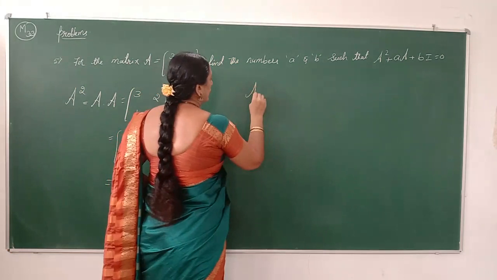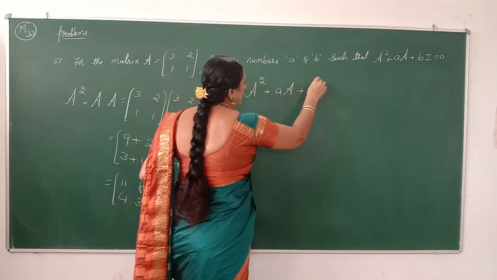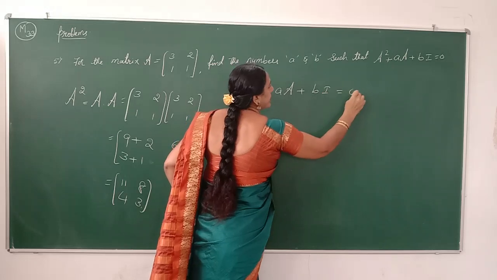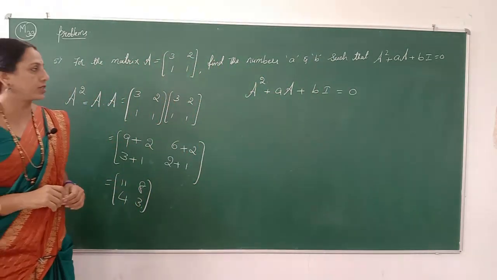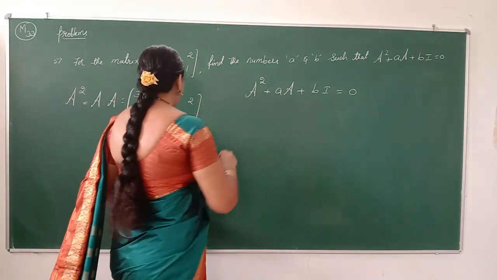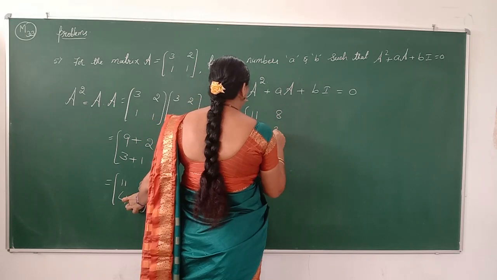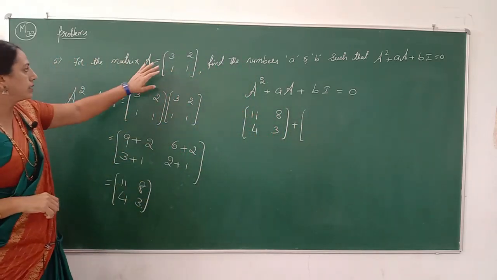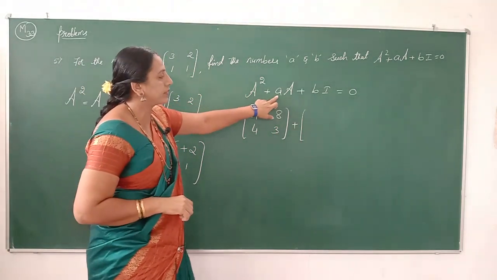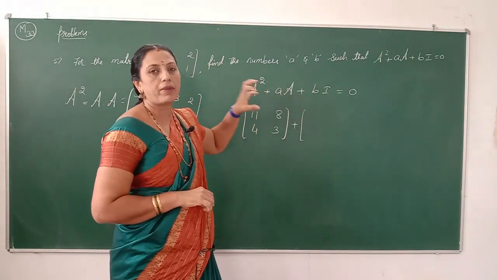Then we will consider the equation A square plus a into A plus b into I is equal to 0. Now substitute the elements of A square: 11, 8, 4, 3 plus a into A. Small a is the scalar number, capital A is a matrix.